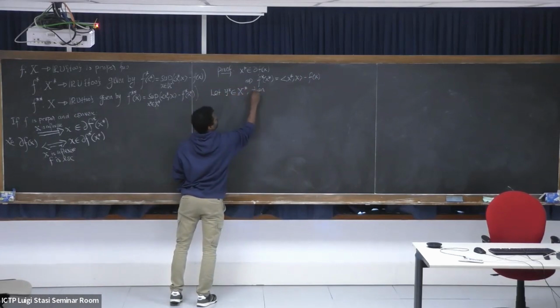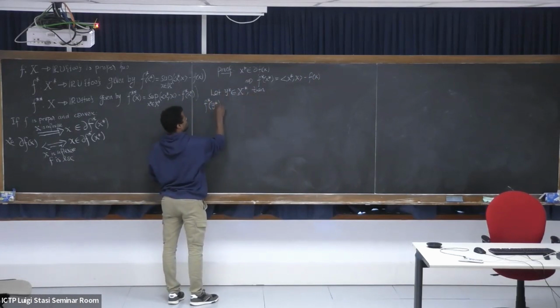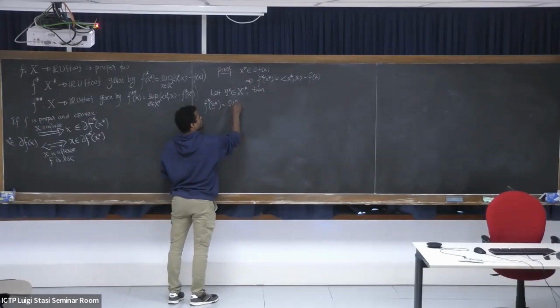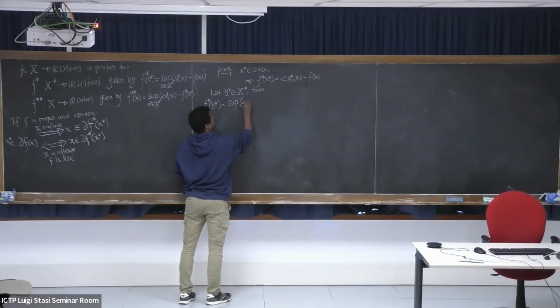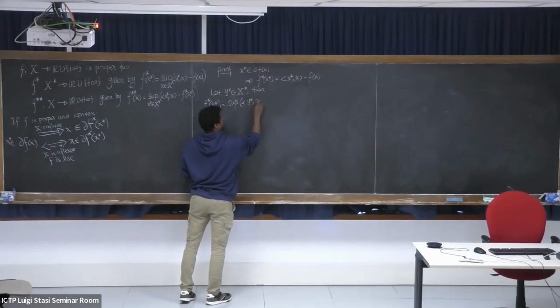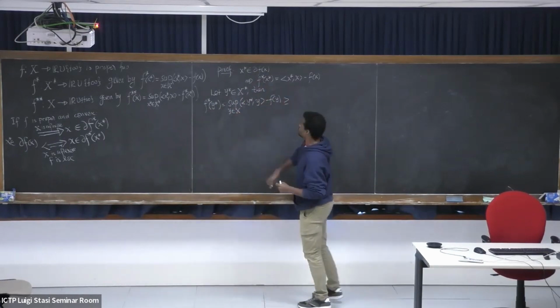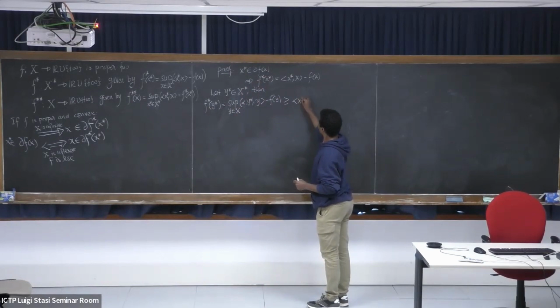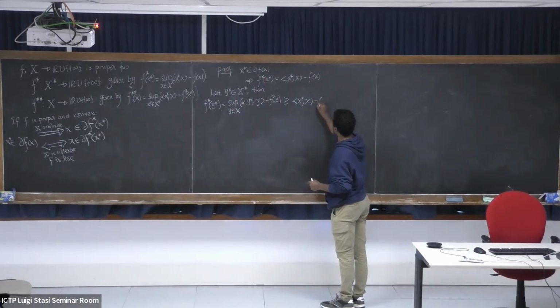Then by the definition, f star of y star is the supremum of y star y minus f of y, where y runs over the space. But this is greater than or equal to the value at this point x.